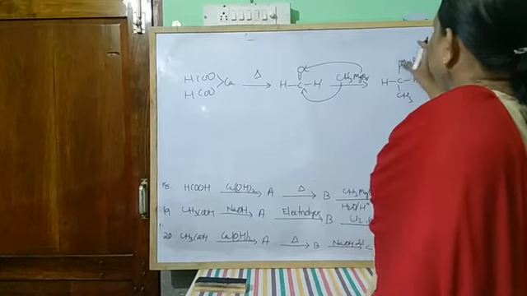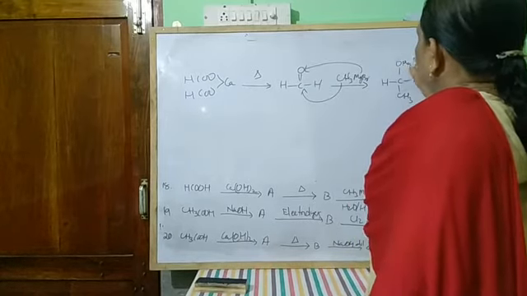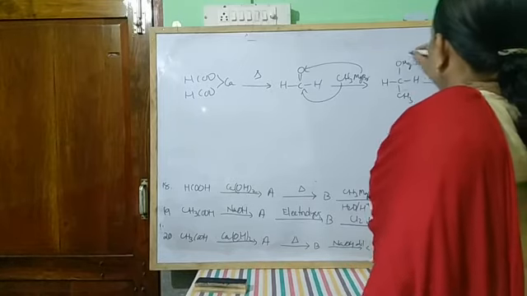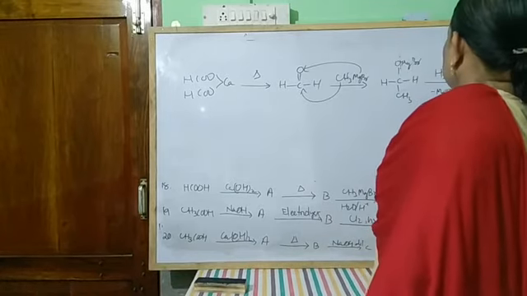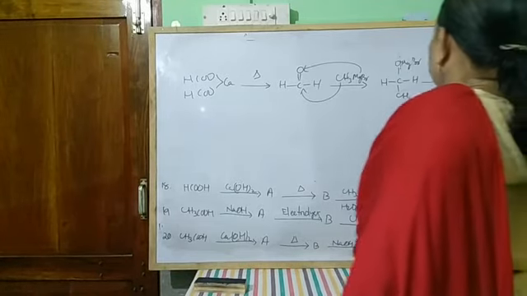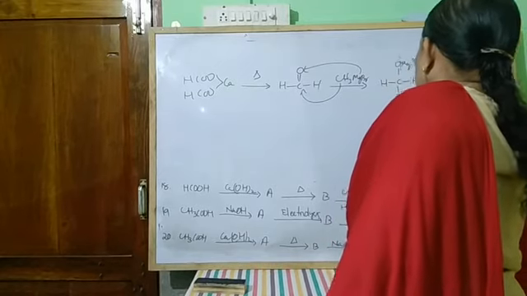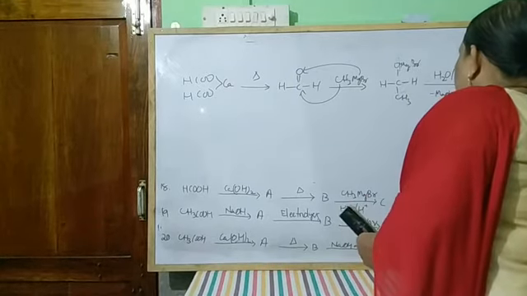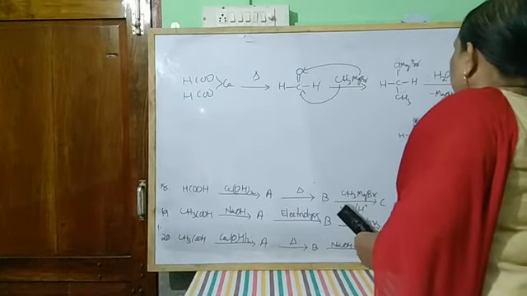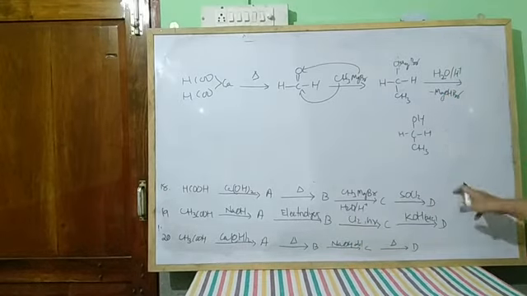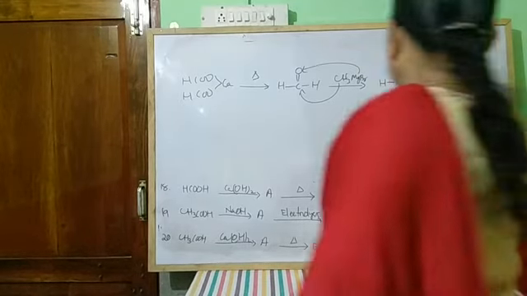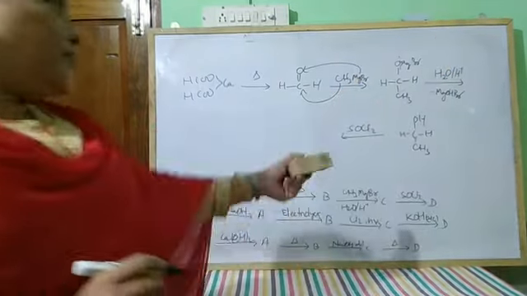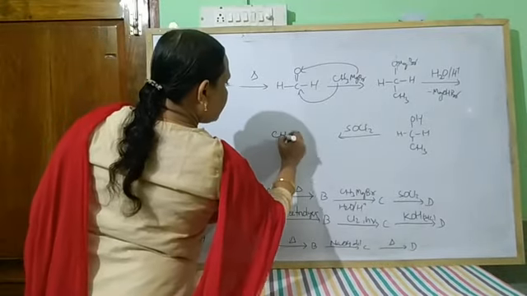CH3CH2OMgBr, and it undergoes hydrolysis, minus MgOH, it forms CH3CH2OH, ethyl alcohol, and then ethyl alcohol when treated with thionyl chloride, it forms ethyl chloride.